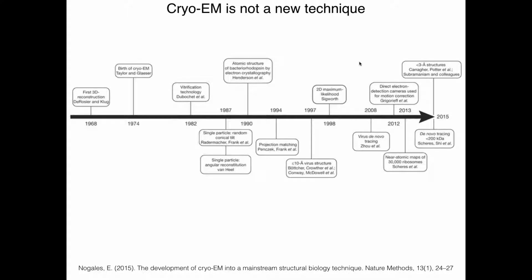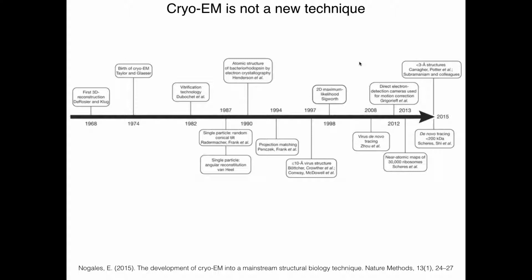All right, so neither electron microscopy nor cryo-electron microscopy is a new technique. As I mentioned, the electron microscope has been around since the 1930s. The cryogenic part of EM, so the ability to vitrify, freeze your sample prior to imaging in an EM, was developed.